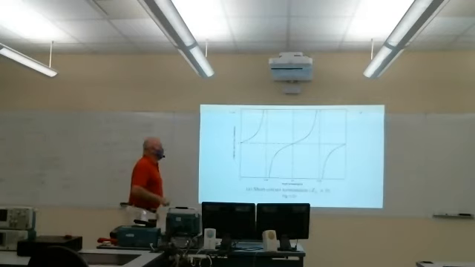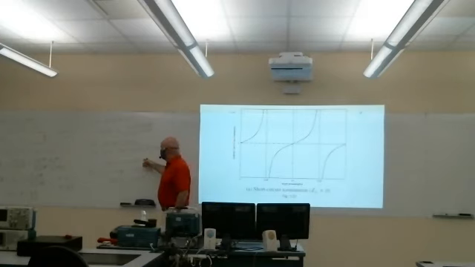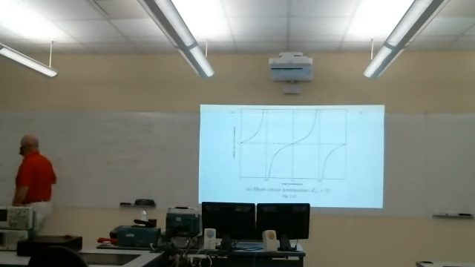So again, there are a couple things to note here. The input impedance, now, again, this is with the short circuit. So there's nothing in here that looks like an inductor or a capacitor.